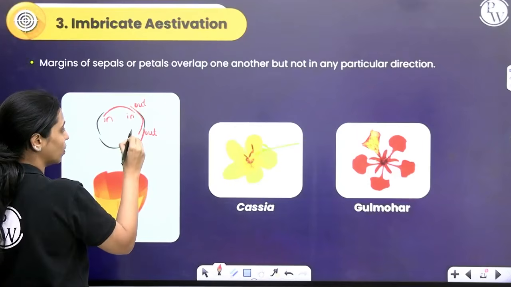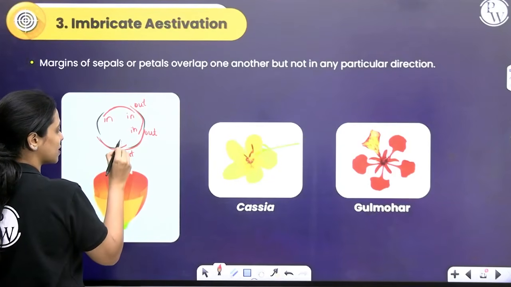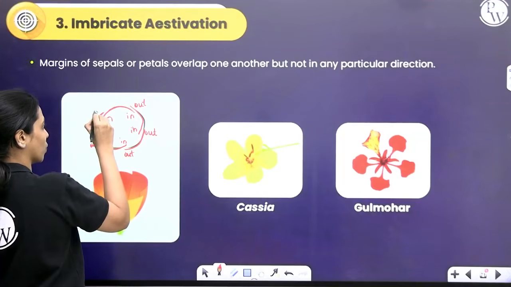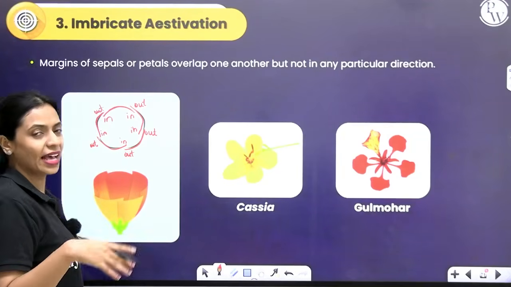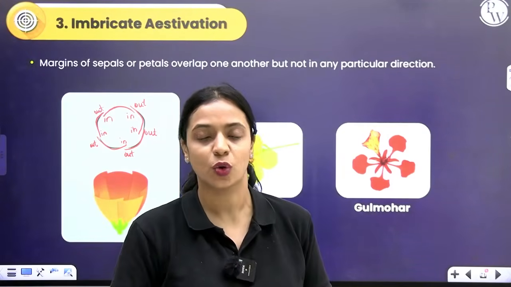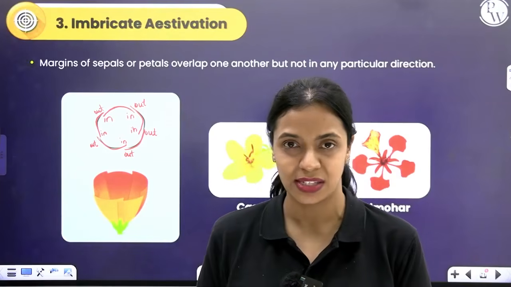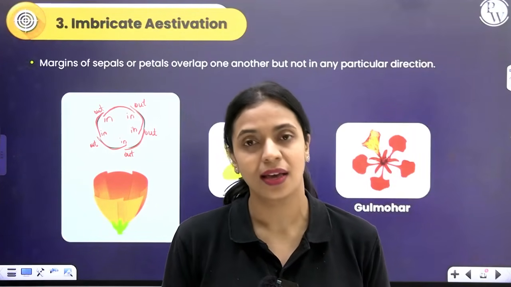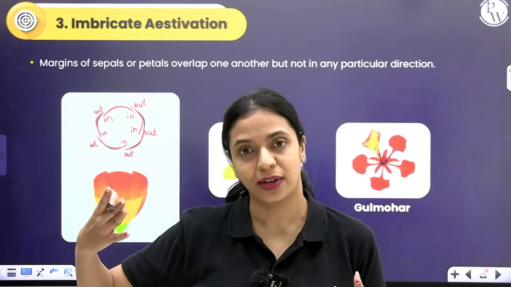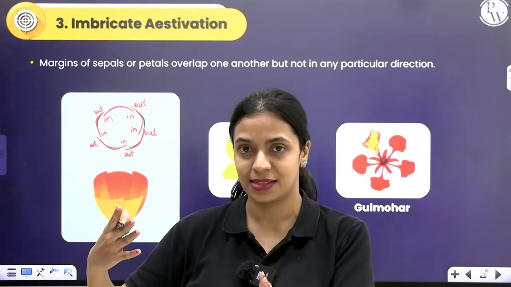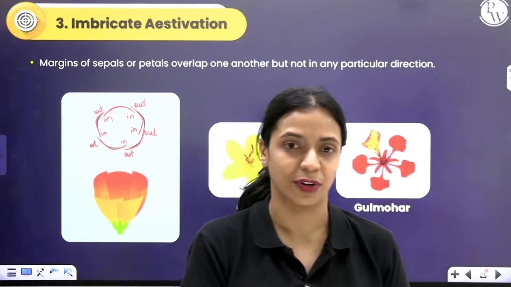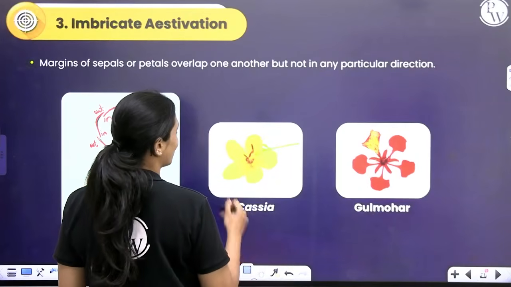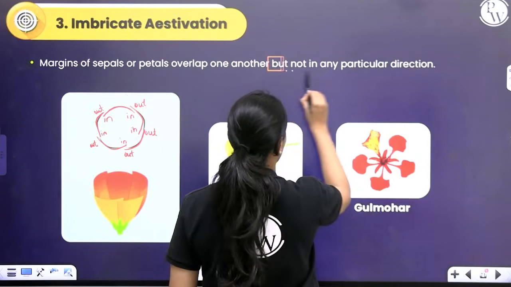This is half out, half in. This is in, out. And this is in, out. So there is no exact specific direction in which overlapping happens like in twisted. Overlapping is there, but it doesn't happen in any particular direction. Some of them are entirely outside on both margins, some of them are entirely inside on both margins, some of them are half in, half out, okay. So the margins of petals or sepals do overlap, but not in any particular direction.